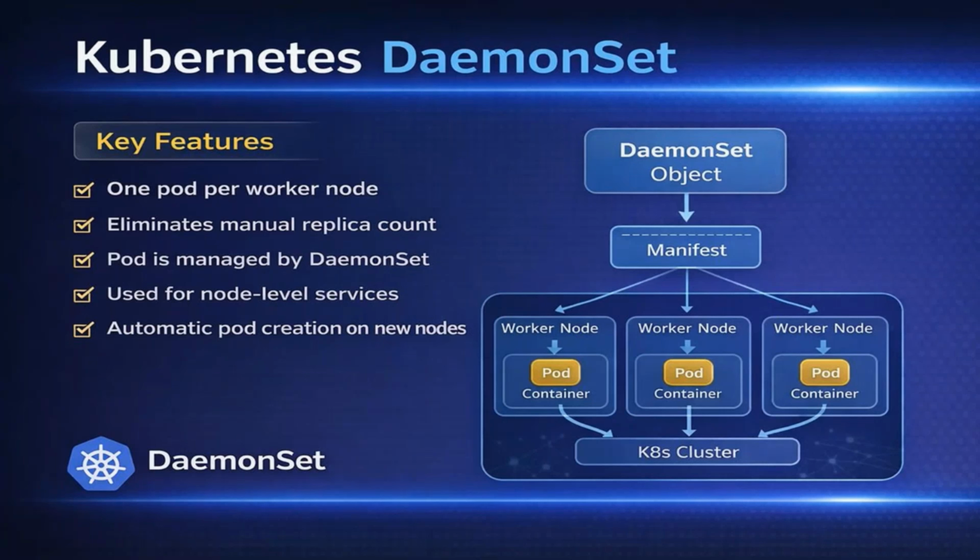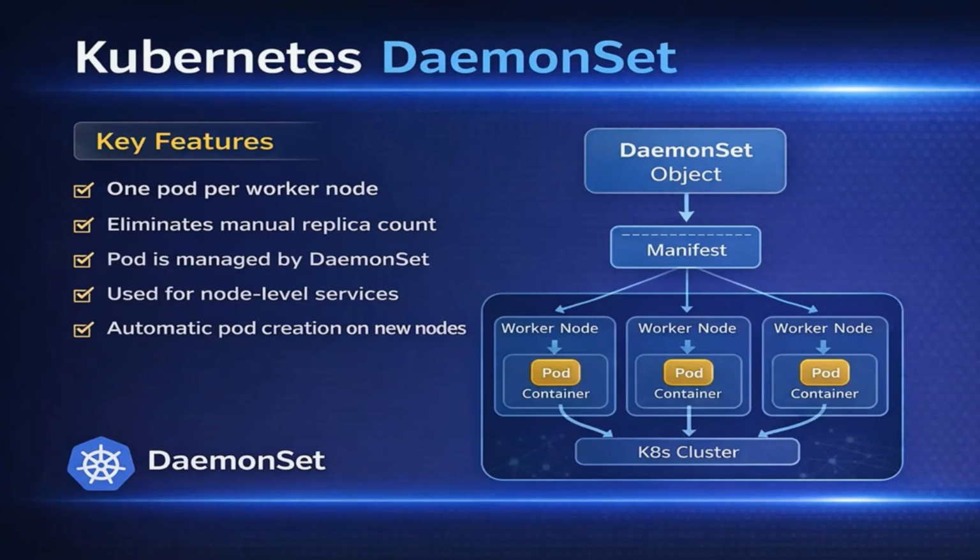Okay. Before we start, let's understand the DaemonSet at a high level. A DaemonSet is a Kubernetes object that ensures every worker node in the Kubernetes cluster runs exactly one copy of a specific pod. You don't define replicas. Kubernetes automatically creates or deletes pods based on the node count.